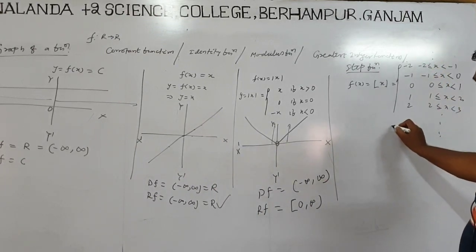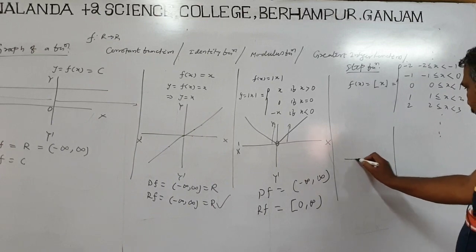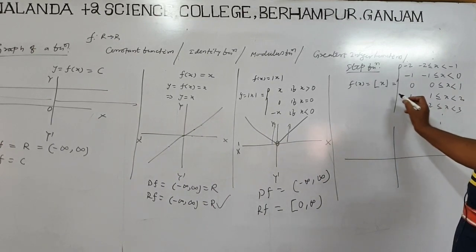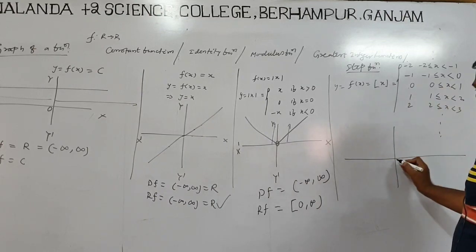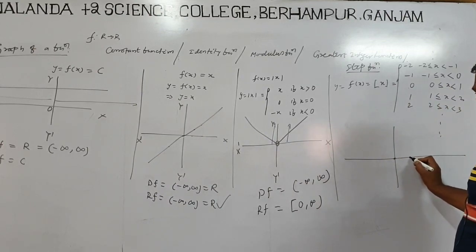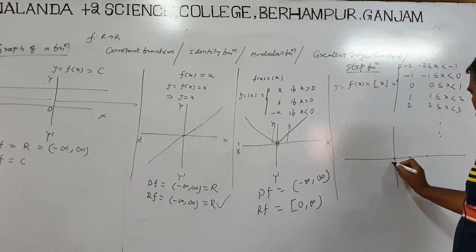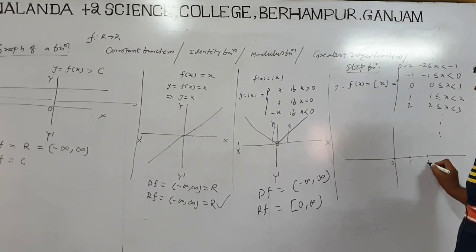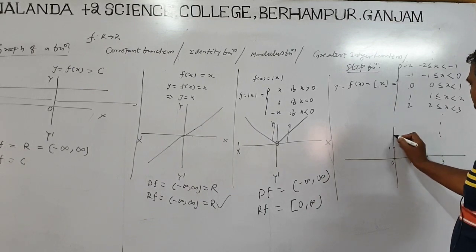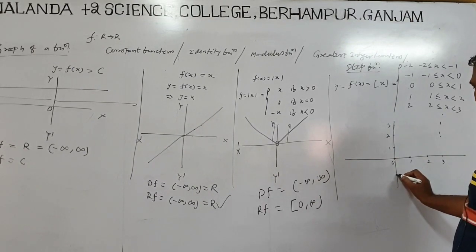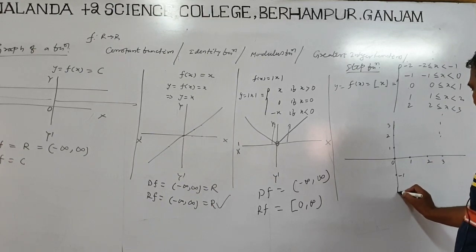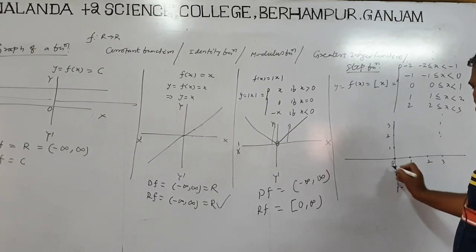Now this is a graph. When y equals 0, x goes from 0 to 1. This is 0, this is 1, this is 2, this is 3, and this is minus 1, minus 2.